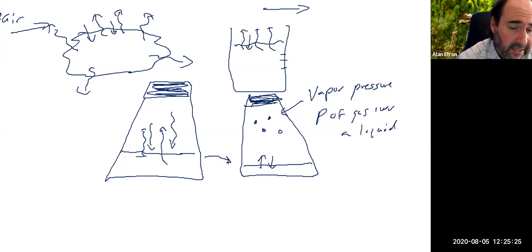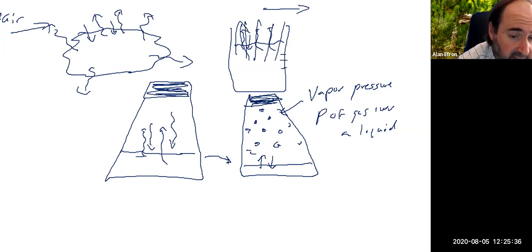We know pressure is related to gas molecules, so a really high vapor pressure means a lot of gas molecules are being made. If you're in an open container, you'll have a very high rate of molecules jumping out into the atmosphere. That's essentially what it means when something is volatile.